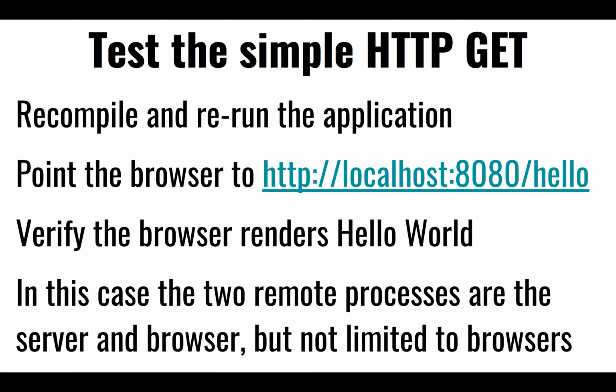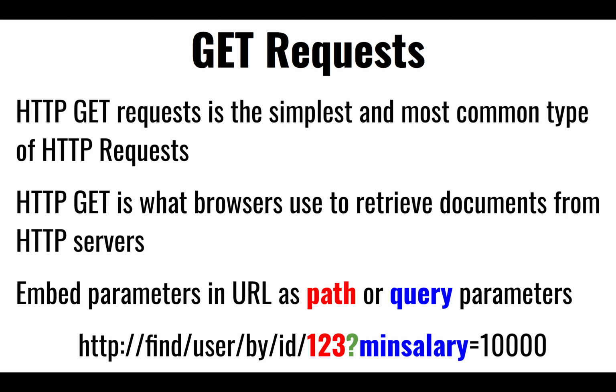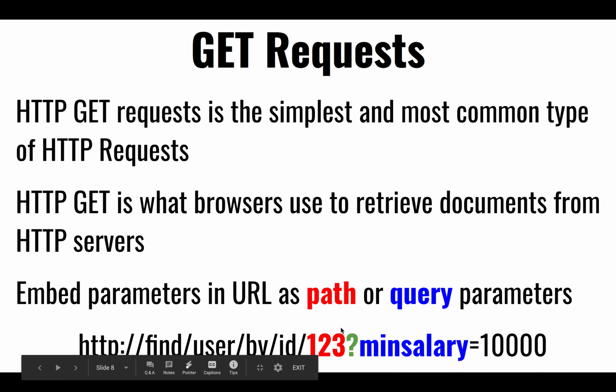Also, not only can we pass parameters as part of the path, maybe here this ID could be a path parameter, we can also pass values or parameters in the query string. So we need to be able to parse the path, and we need to be able to parse the query.